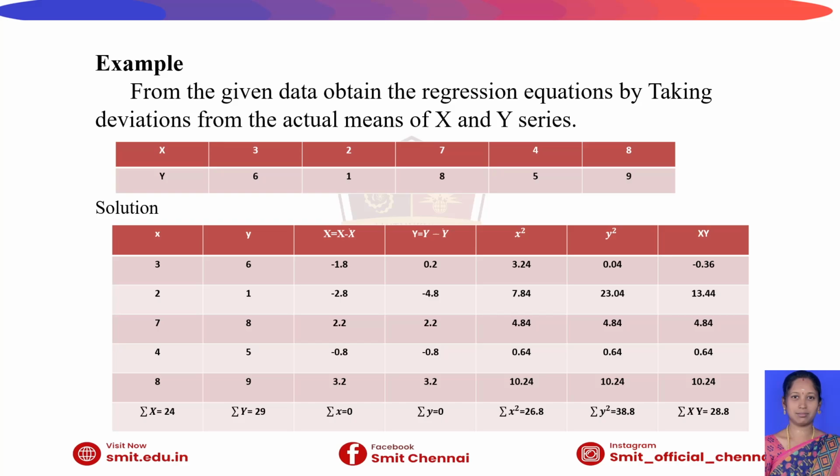Example: from the given data, obtain the regression equations by taking deviations from the actual mean of x and y. We get the variables x and y, x is equal to x minus x bar, y is equal to y minus y bar, x square, y square, then we get xy. After that, we get the values: summation of x is equal to 24, summation of y is equal to 29, summation of small x is equal to 0, summation of small y is equal to 0, summation of x square is equal to 26.8, summation of y square is equal to 38.8, summation of xy is equal to 28.8.